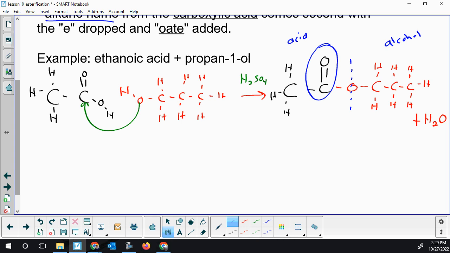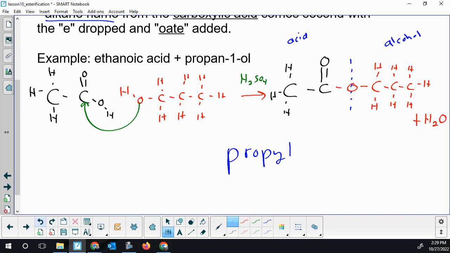And it's going to be next to the O in the chain. So I have to deal with the alcohol first. That's the red. I'm just going to use ethyl, methyl, propyl, butyl to represent the alcohol. 3 carbons, so that's propyl. That tells the reader we've got an O in the middle and then 3 carbons.